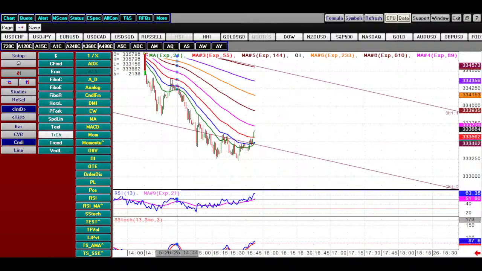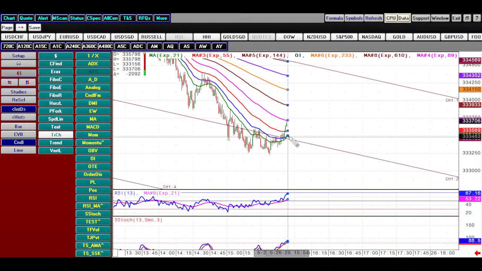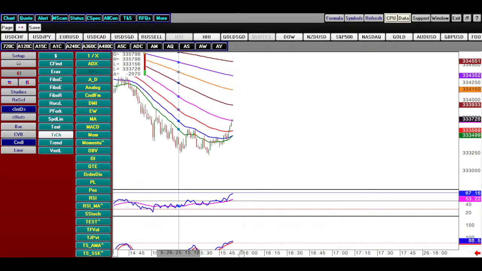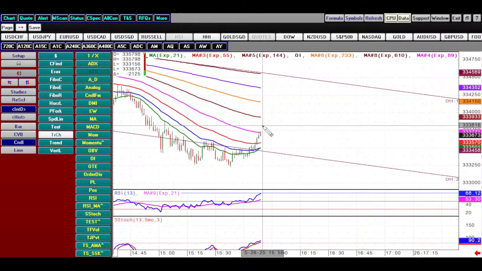So sometimes, whenever we look, we concentrate on the 1 minute chart. The moment we see strength coming in, the strength means higher high, higher low.